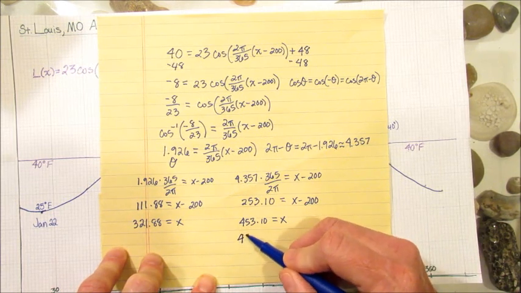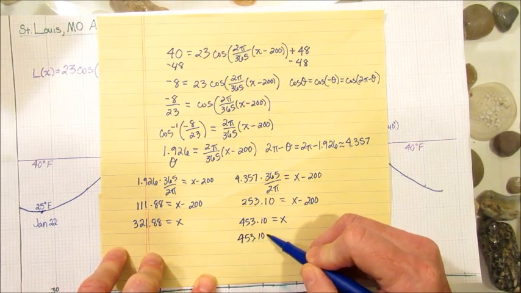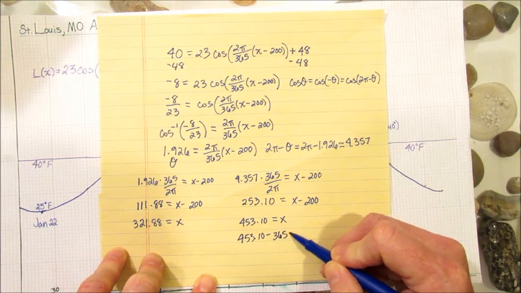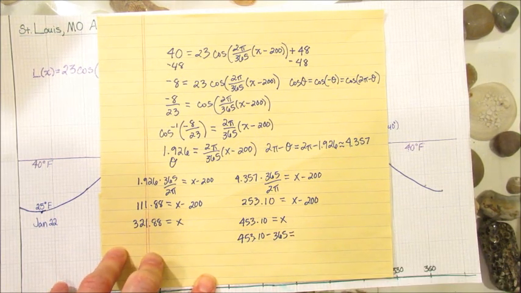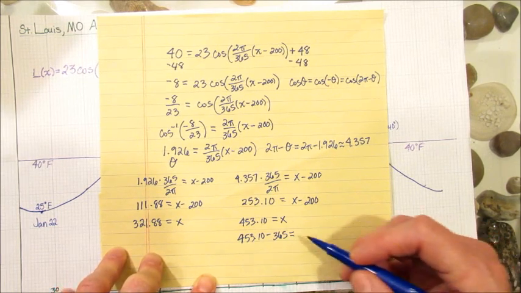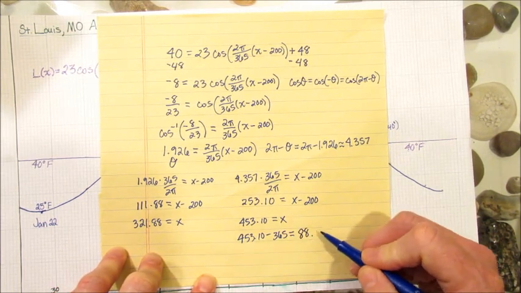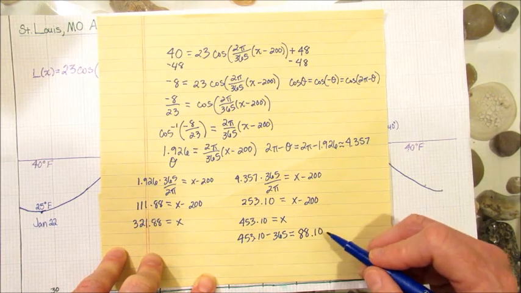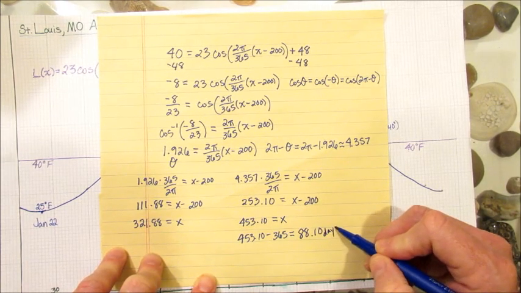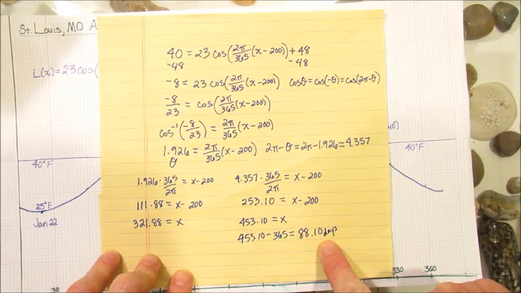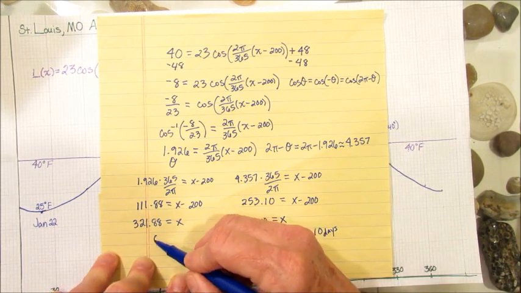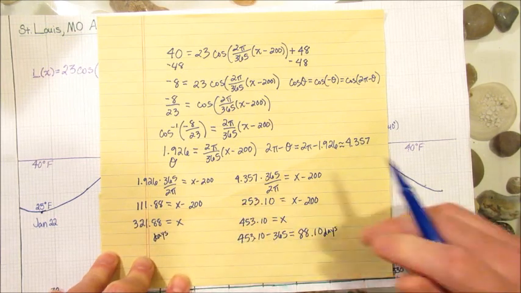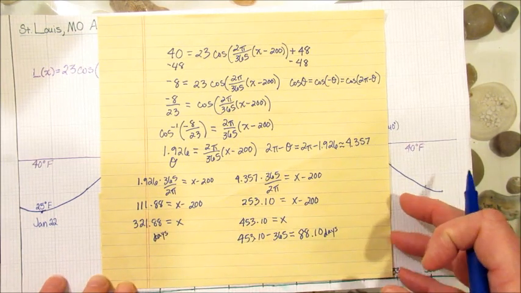So if I take 453 and I subtract the wavelength of 365, I get 88.10. So at 88 days, we hit an average low of 40. And at 321 days in the year, we also hit an average low of 40.